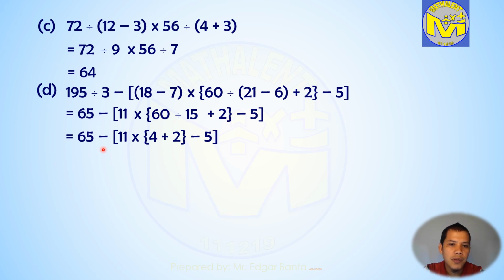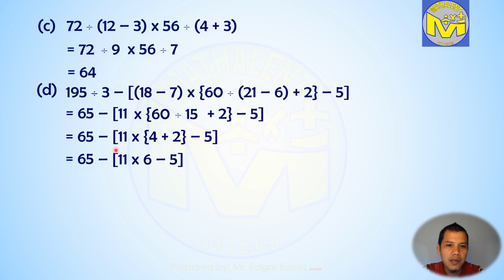Okay, and then bring down again 65 minus. Next step is we add inside the curly brackets. So we added 4 plus 2 is 6. We just brought down 11 times and then minus 5.